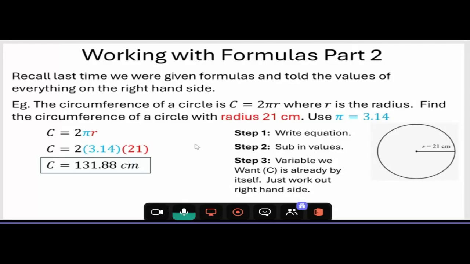We would look back and see, does it tell us how many decimal places to put our answer to? No, it doesn't. But sometimes it'll certainly say round it to the nearest tenth or nearest whole number or to the hundredth, or to 2 decimal places maybe. So in this case, I'm just going to leave it like that, 131.88 centimeters. So that's what we already know how to do.